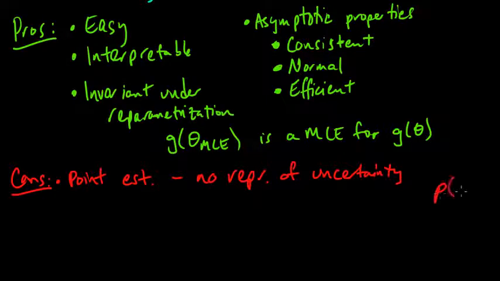Ideally, we would look at the posterior distribution on theta given the data, and that would represent how uncertain we are about theta. But the MLE is just a point estimate, so it's just picking some value, and we don't really know whether that's a representative value.